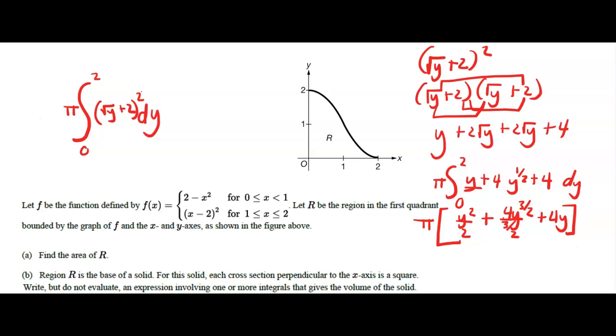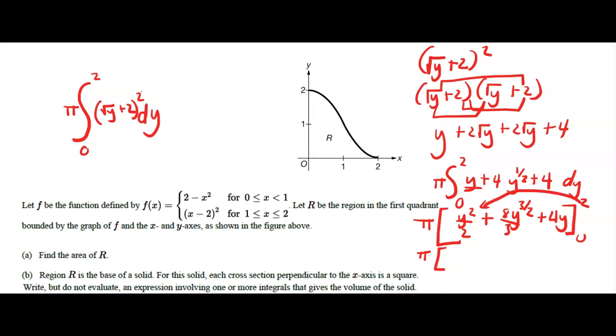Now I'm going to simplify this one in the middle here. Instead of dividing by 3 halves, I'm going to multiply by the reciprocal, which is going to result in 8 over 3 instead. There we go. And we're plugging in 0 and 2. Now since this is an FRQ, I would probably just plug in the 2.